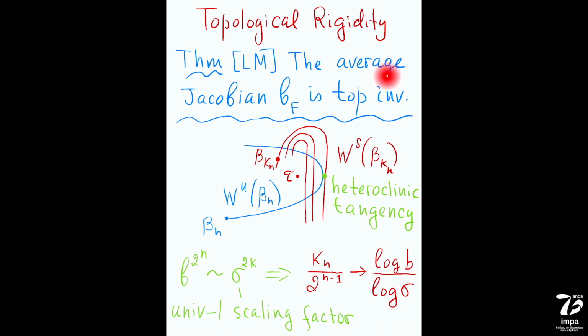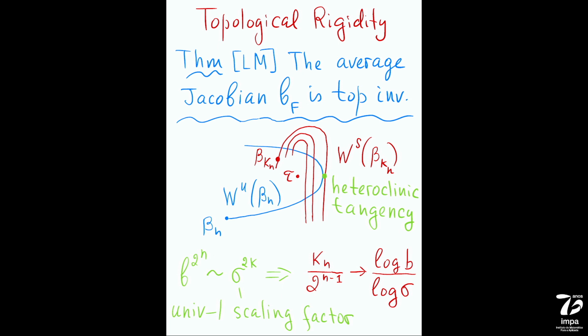So we can write down the simplest equation. The scale here will be sigma to the power 2^k, where sigma is the universal scaling factor from dimension 1. On the other hand, this manifold will move forward with this speed, in this scale, b to the power 2^n. They should coincide in order to create this tangency. And it allows us to recover this Jacobian.